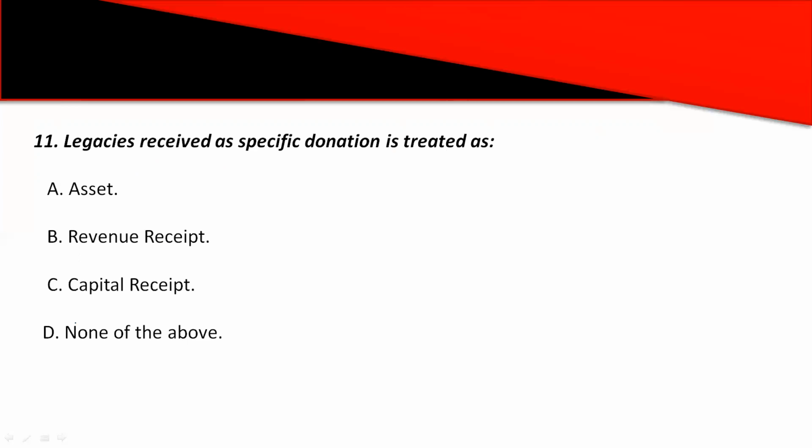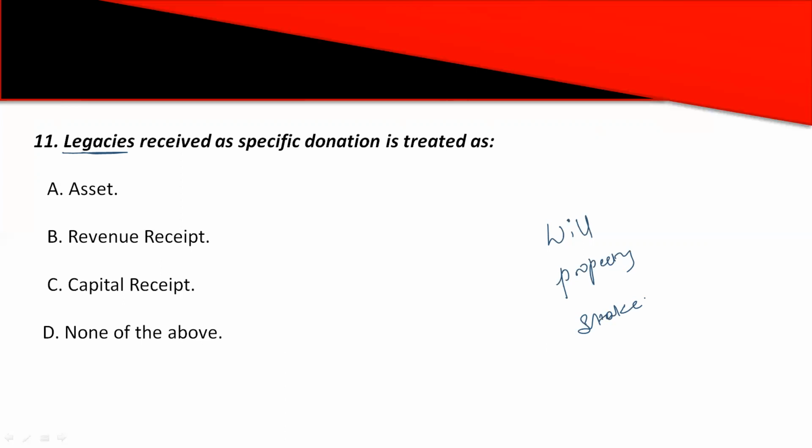I'll give you a hint about what a legacy is. Legacy is somebody's will, or somebody's property, or somebody's stake. For example, after the death of a father, all his property belongs to his son. That is what we call a legacy here.